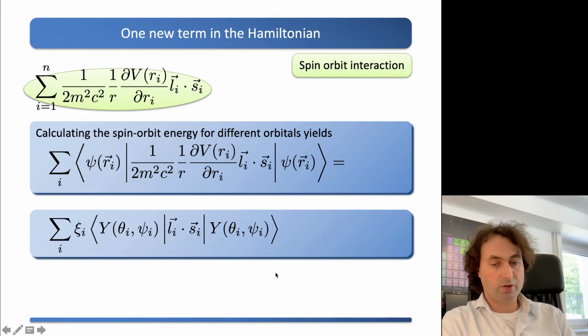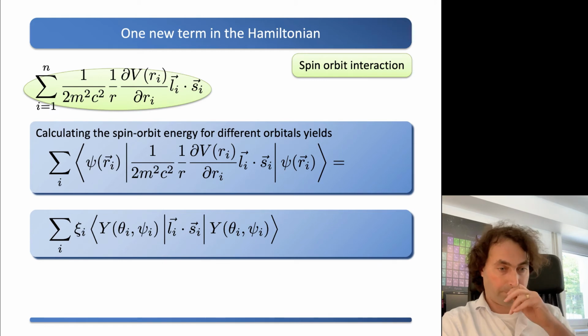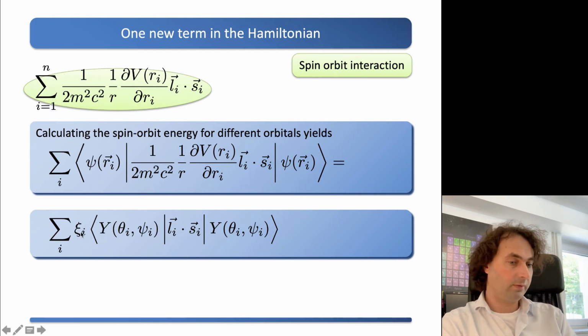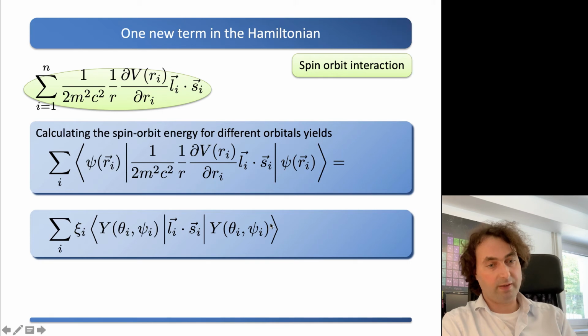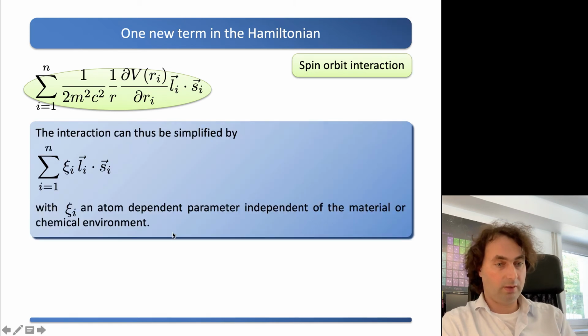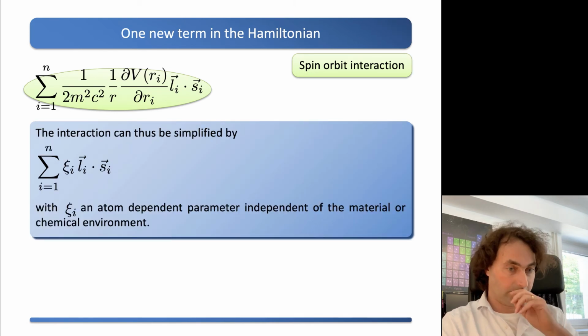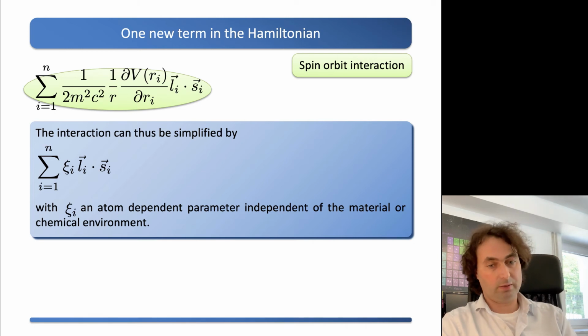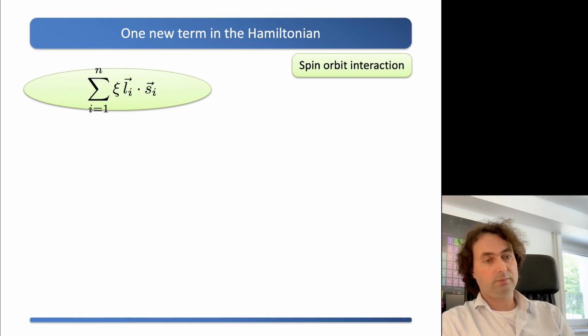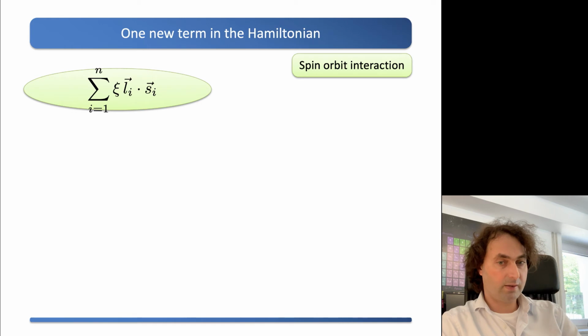And the angular wave functions actually we can solve analytically. And we have our spin-orbit coupling constant zeta times the angular interaction on the angular part. So that's the spin-orbit interaction.